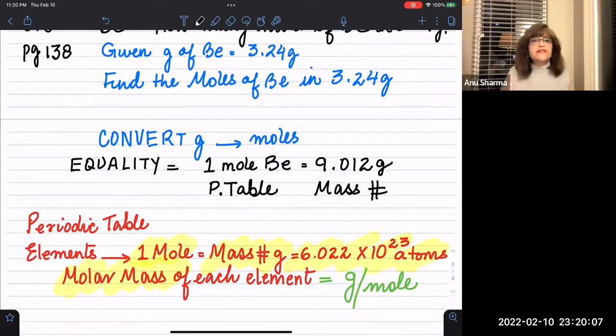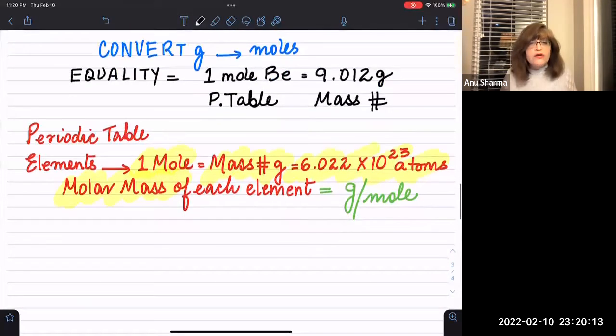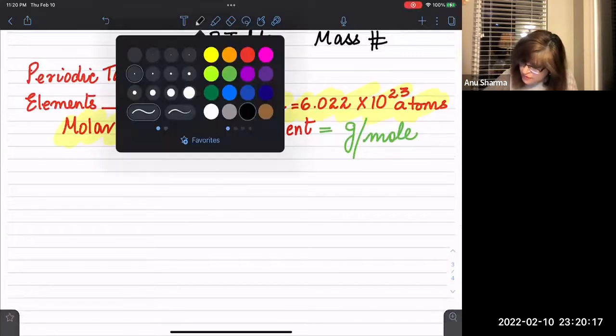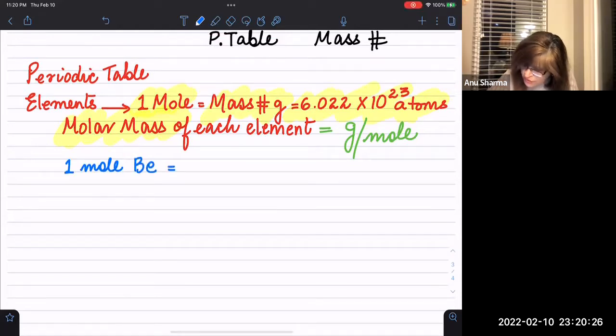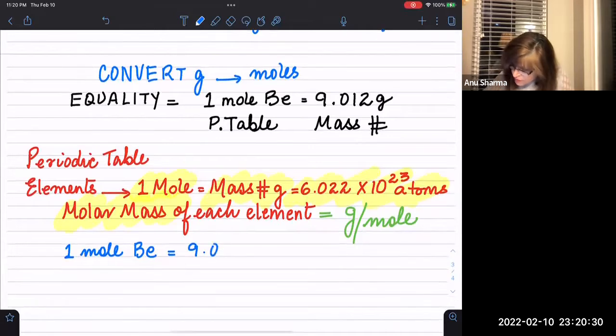This information comes from the periodic table and is based on 1 mole. So 1 mole of beryllium equals 9.012 grams.